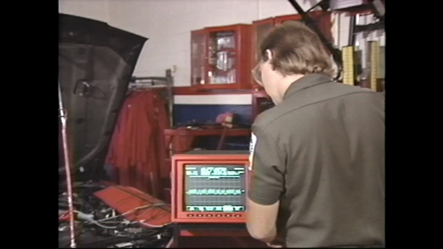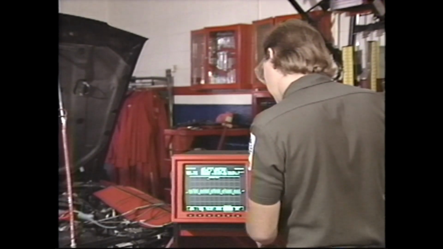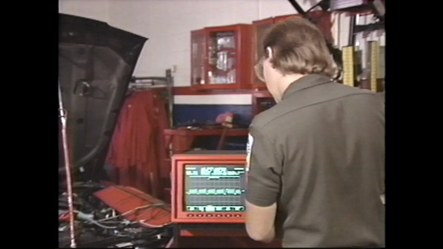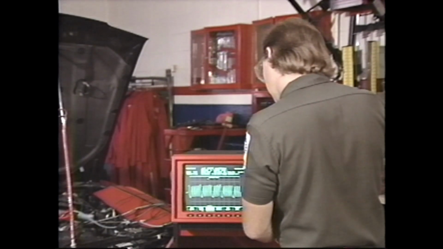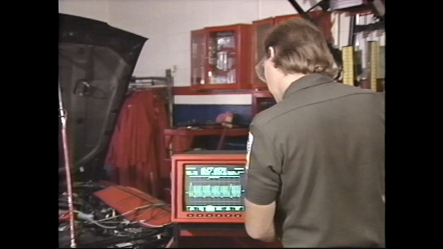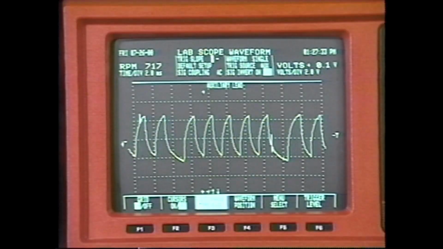Once again, signals can have many different forms. You must be familiar with the characteristics of the signal you're testing to be able to know if the waveform you're getting is an accurate representation of the signal you want to test.